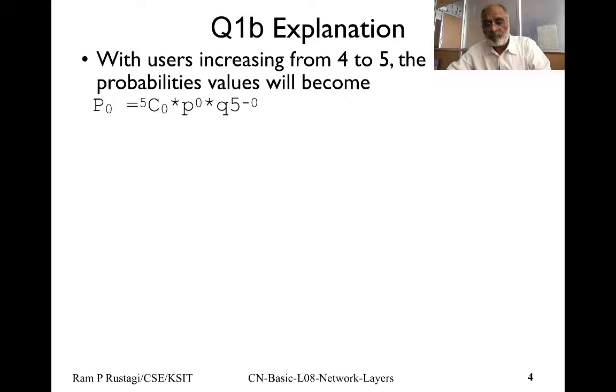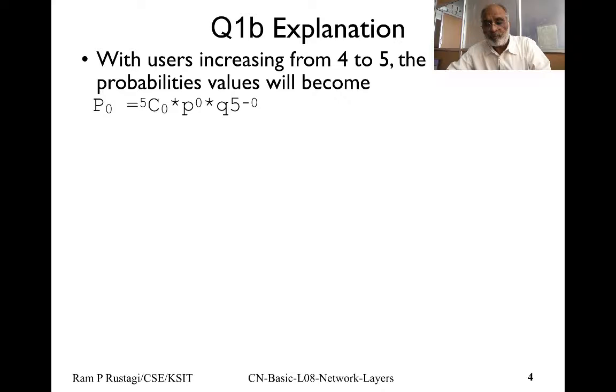We can solve it in two ways. We compute again the probabilities P0, P1, P2, P3, and sum them up, or we know the queuing would occur when either 4 users transmit or 5 users transmit, compute their probability, and subtract that.